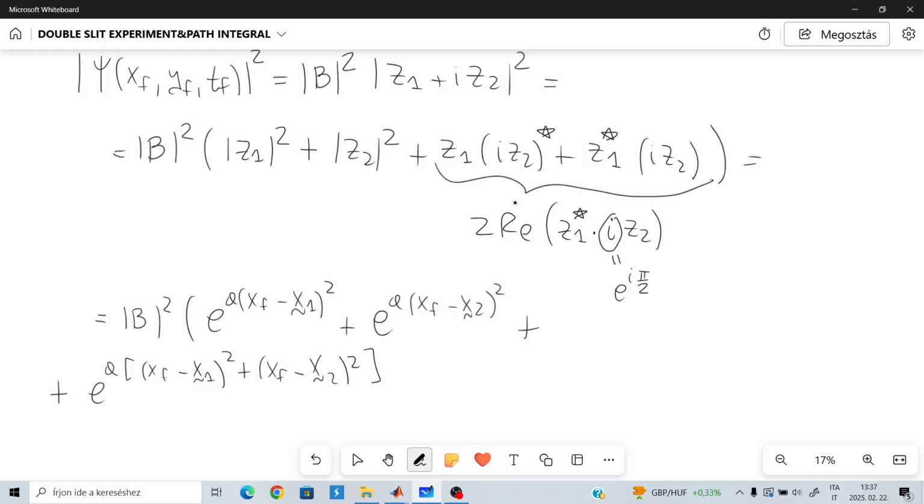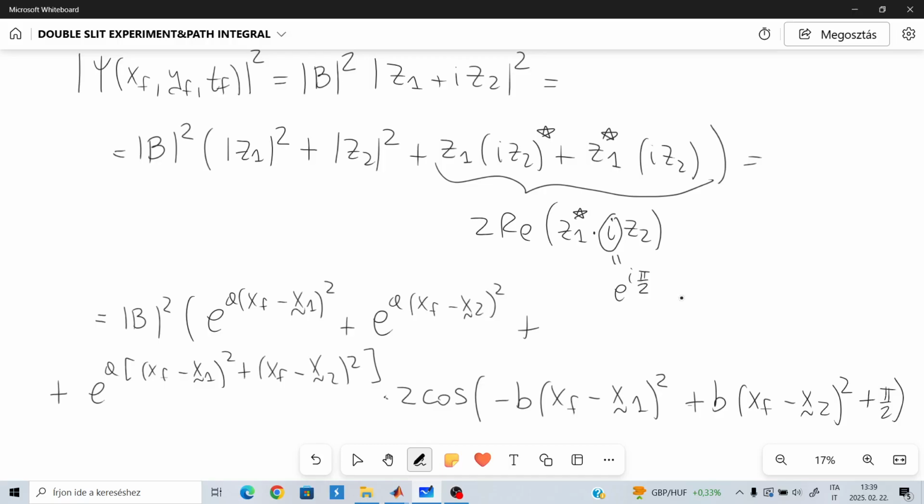So here I need to take twice the real part of this product. And then I am left with twice the cosine of minus b xf minus x tilde 1 squared plus b xf minus x tilde 2 squared plus pi over 2, which remember comes from this phase factor here.